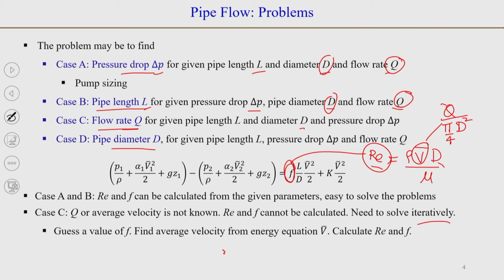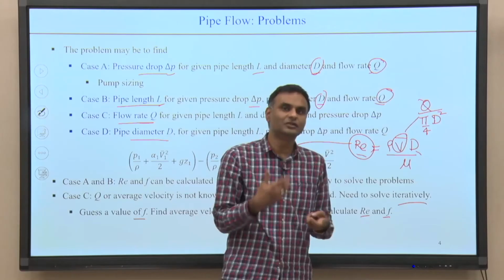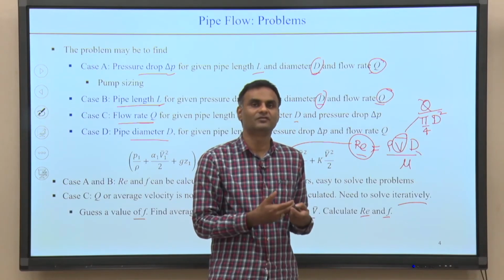Then we can guess a value of f and then find the average velocity or the flow rate, and then from these obtained values, we can calculate the Reynolds number, and once we calculate the Reynolds number, we will calculate f again, and we will do it iteratively until we converge.